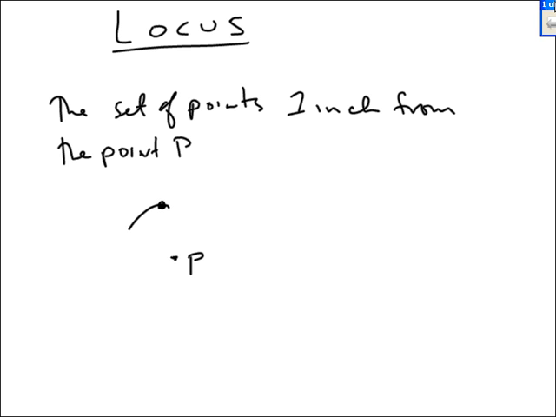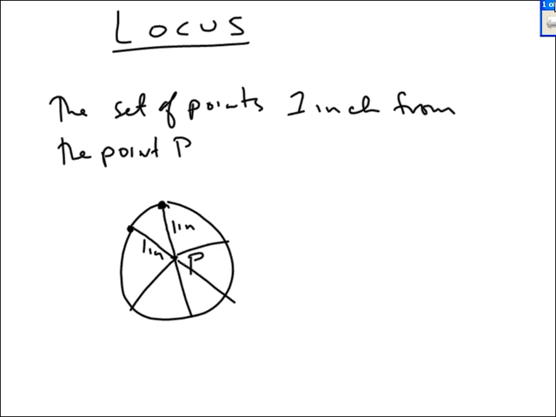Well, this point is in the set because that distance is 1 inch from P, and this point is on the circle, so it is in the set because it is 1 inch from P. In fact, all of these points on the circle are 1 inch from P.